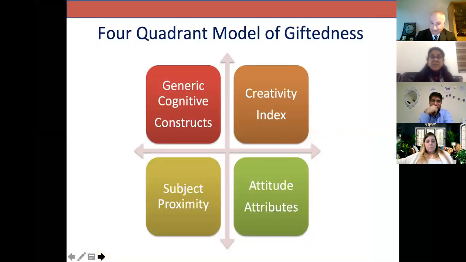So with this, we developed this 4-quadrant model of giftedness. The first and foremost is the generic cognitive constructs. I'll explain it later in the next slides. The creative index: we found that creativity is a very important factor in giftedness. The subject proximity.